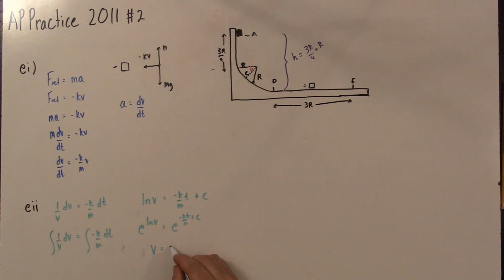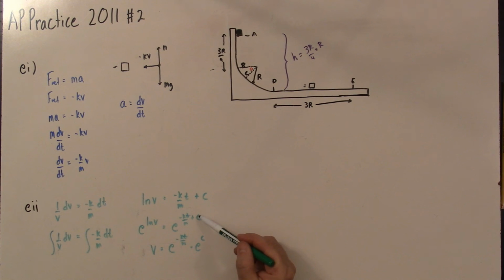This gets a little tricky over here. So I'm going to take e to the negative kt over m times e raised to the c. Remember back in freshman year when you learned that if you multiply the bases you can add the powers together? Well, I just undid that.